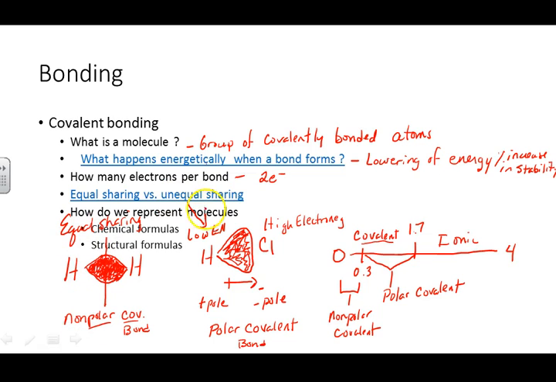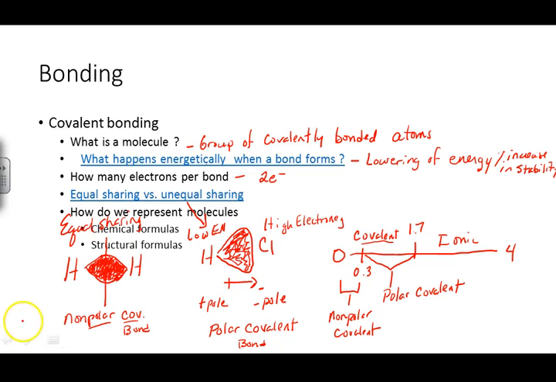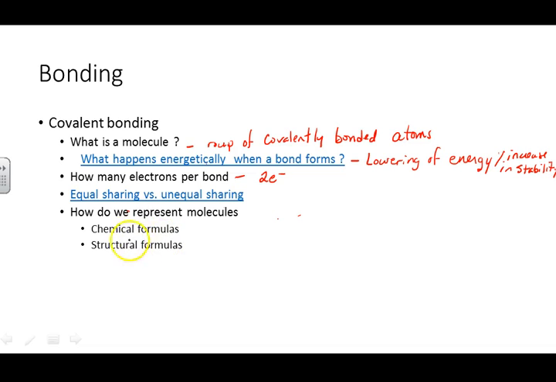All right, so how do we represent molecules? We represent them with chemical formulas and structural formulas. Here's the difference between the two. First with a chemical formula. A chemical formula would be something like H2O.